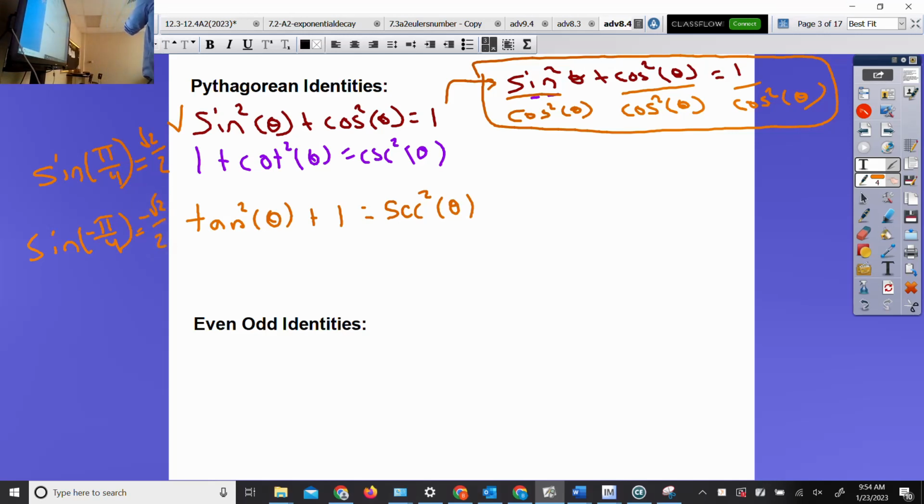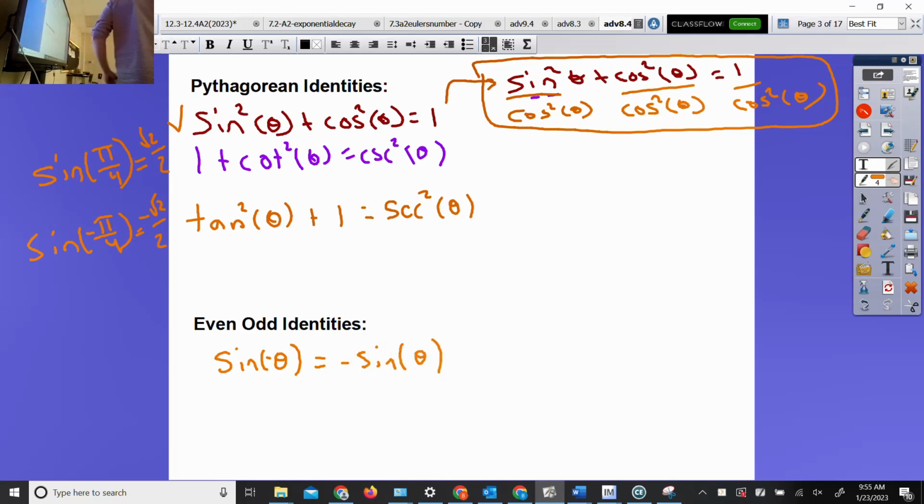This is actually what we call an odd identity. The sine of a positive angle was root 2 over 2, and the sine of the negative angle was negative root 2 over 2. Sorry, the sine of a negative theta is equivalent to the negative sine of a positive theta.